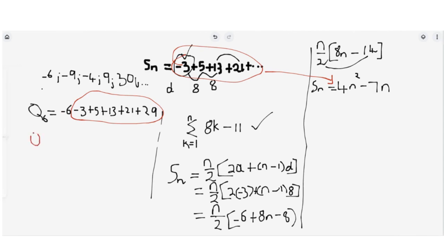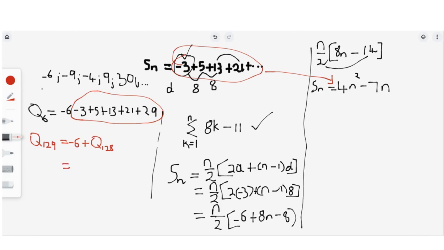So that means that Q129 we can simply say is minus 6 plus Q128. Because if we remove this minus 6, which is always there, then we are only left with 128 terms instead of 129, because now we have an extra minus 6.